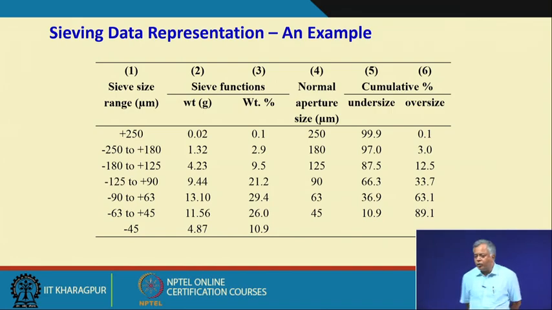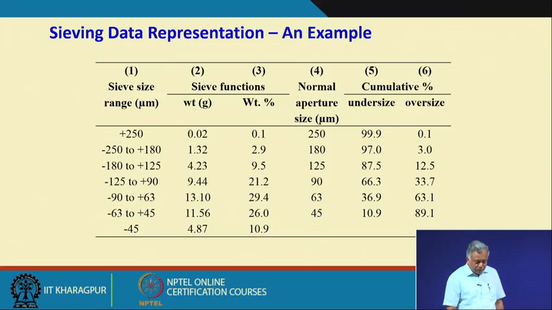You may ask me why we should not weigh the initial amount. I would advise not to do so, because during the sieving operation you may lose some particles. Some particles may get stuck inside the sieve apertures, and you may not be able to recover them 100%.